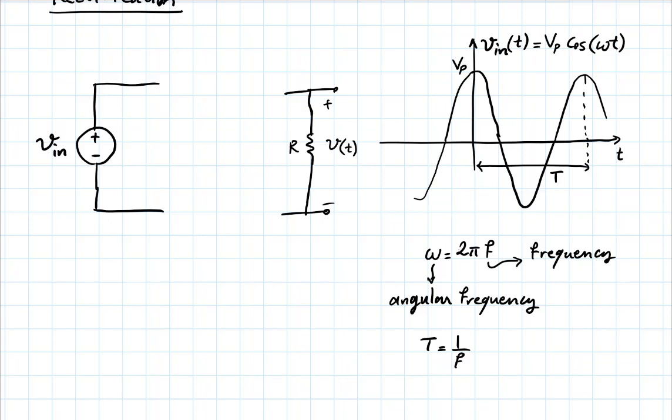Well, if I connect this directly, you will see that the voltage V in is directly appearing on the output. Let me call this V out. If I connect it directly, V out will just be V in.